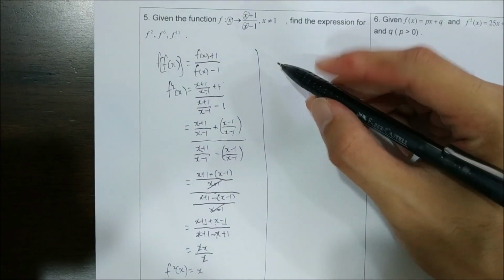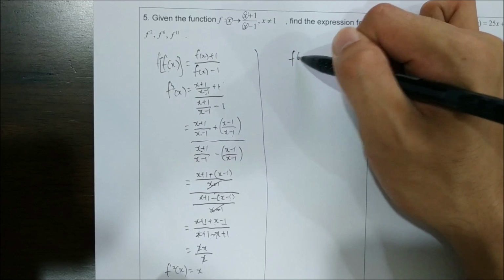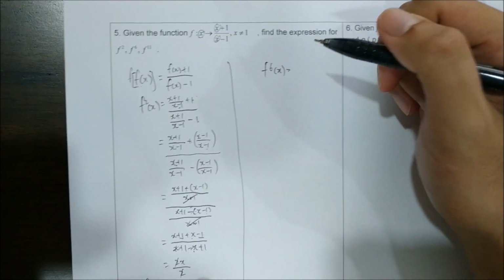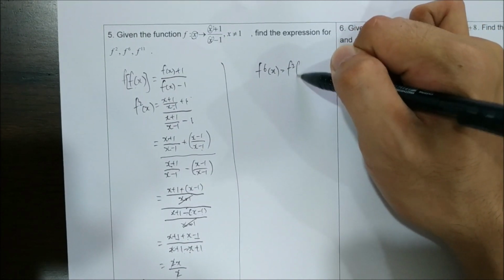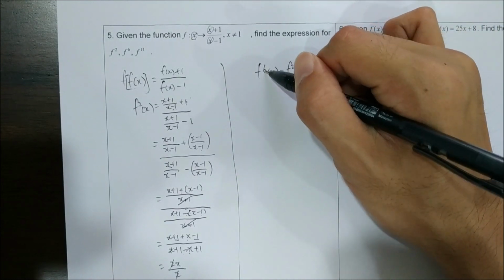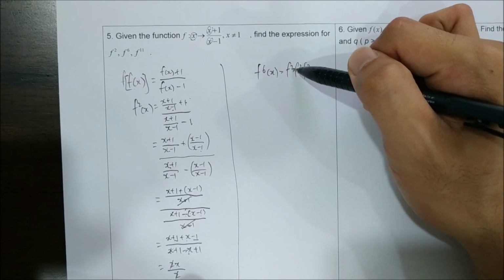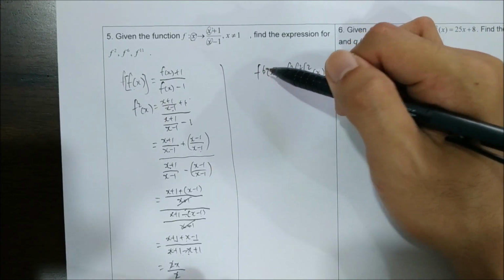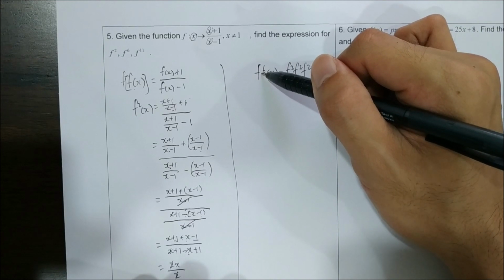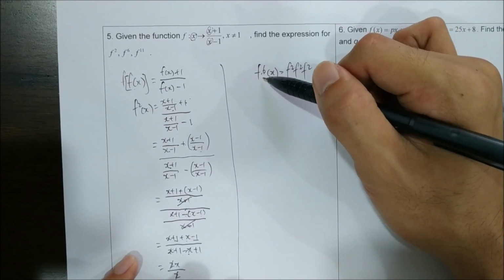Now we proceed with the next one. Now we have to find f^6. f^6(x) is actually equals to f^2 of f^2 of f^2(x), 2 plus 2 plus 2 is equals to 6. Again, remember this is not squared, and this is not a power of 6. It just means that there are 6 f, a composite function which consists of 6 f functions.